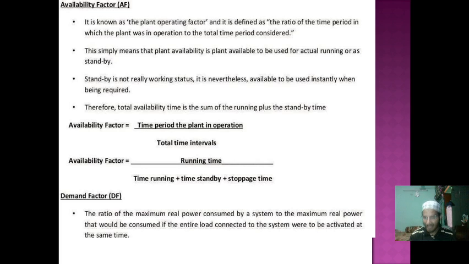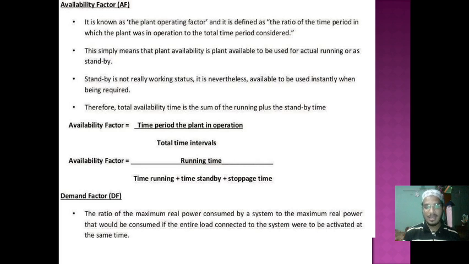If I tell you again, just listen to my words. The demand factor of the consumer is equal to the accurate value of producing power from the power plant. If it is equal, it means that whatever the real time of the system is, in terms of ratio to the maximum real power generated, the same total time would be taken for the entire load.